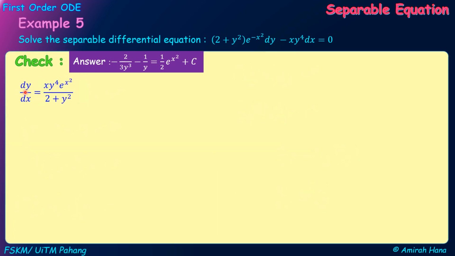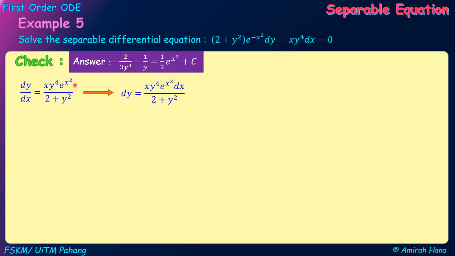From the previous slide, we get dy over dx equals x y to the power of 4 e to the power of x squared over 2 plus y squared. From the given question here, we have dy and dx. So from here, we can write dy as the subject.